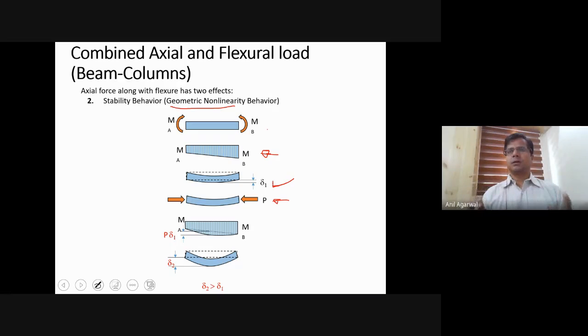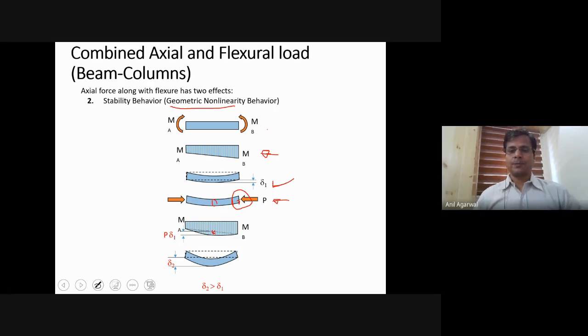So on a curved column, when this force is acting, at this location the axial force is P and there is moment MA. I hope you can see, I cannot. At this location, the moment is MB and axial force is P. However, at the midpoint, that's where the maximum deflection is.